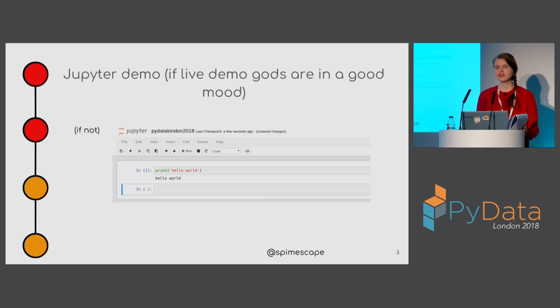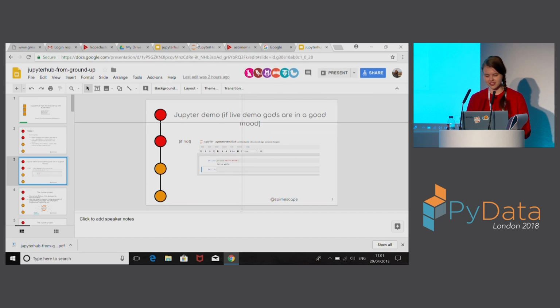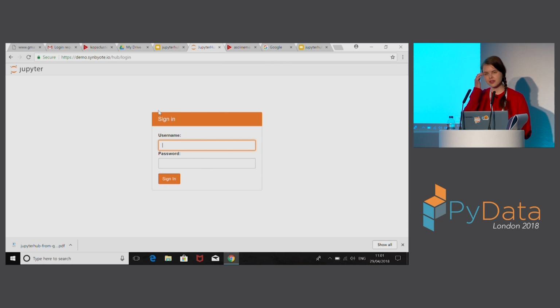Before we dive in, just by a show of hands, who here has used Jupyter notebooks? Okay, pretty much everyone. I'm going to show a bit of a live demo, if the demo gods are in my favor today. This is a JupyterHub that I have running on a Kubernetes cluster.